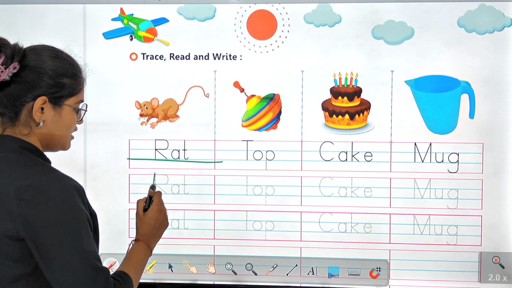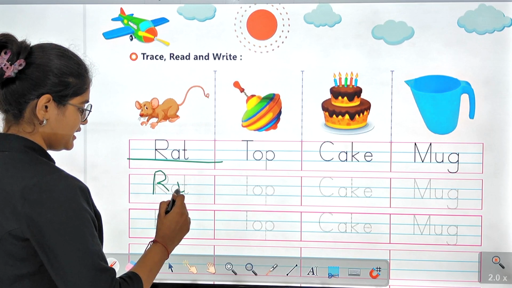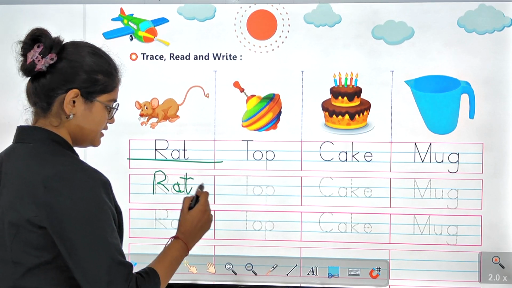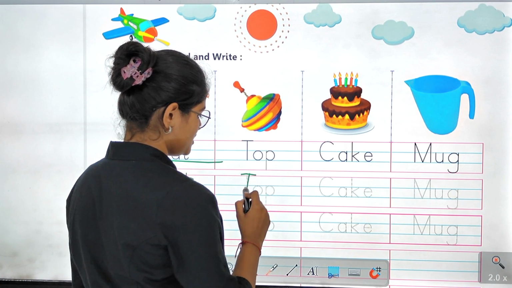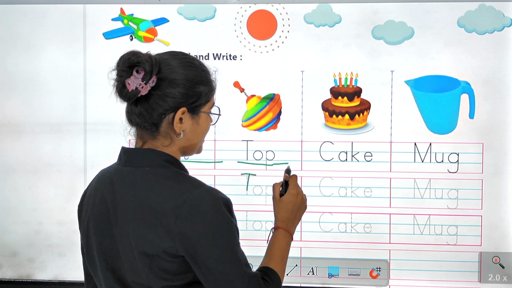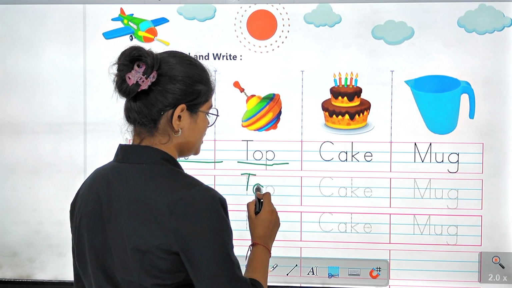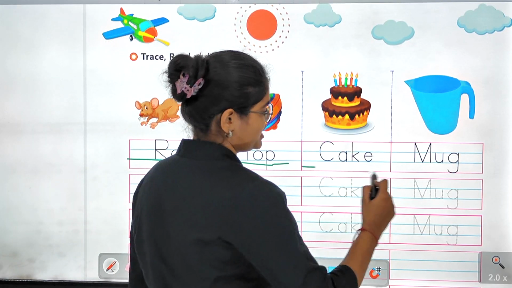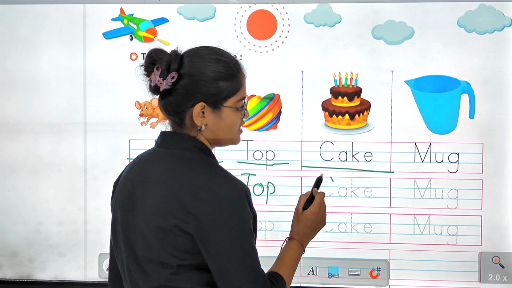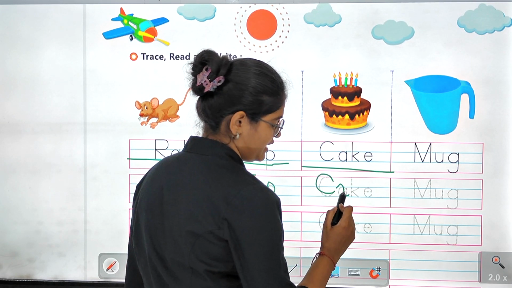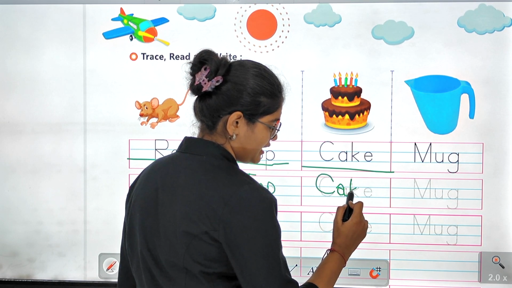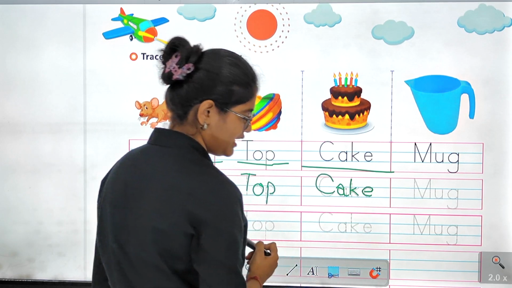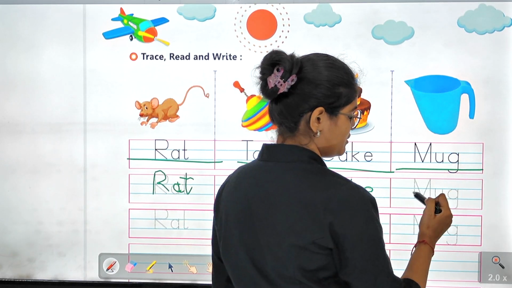R-A-T, rat. T-O-P, top. C-A-K-E, cake. M-U-G, mug.